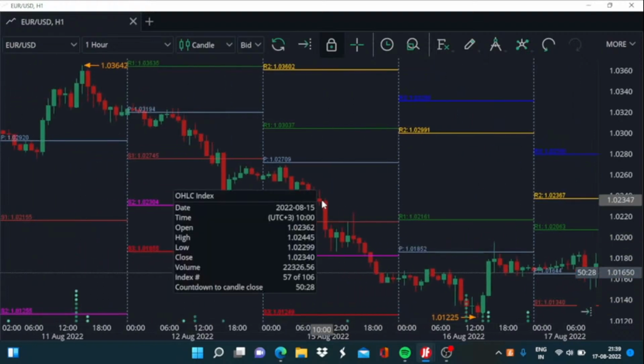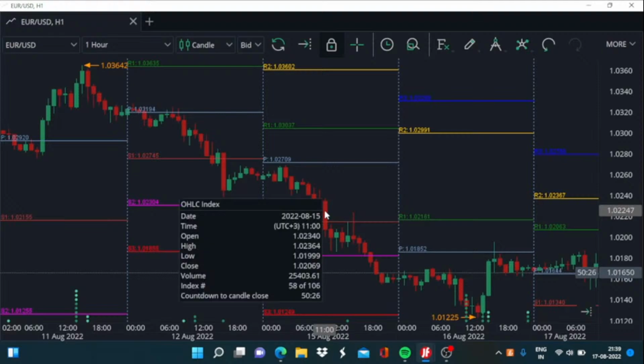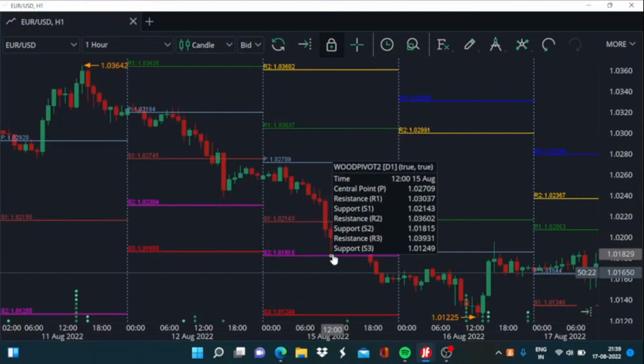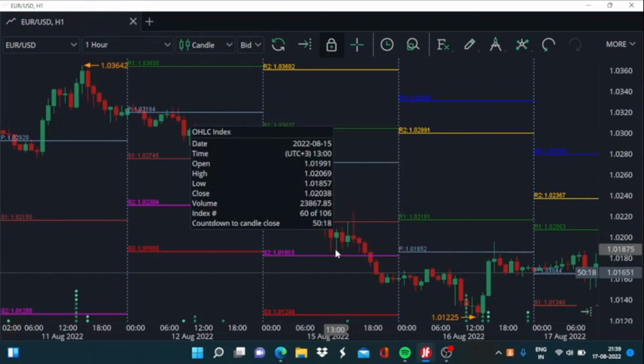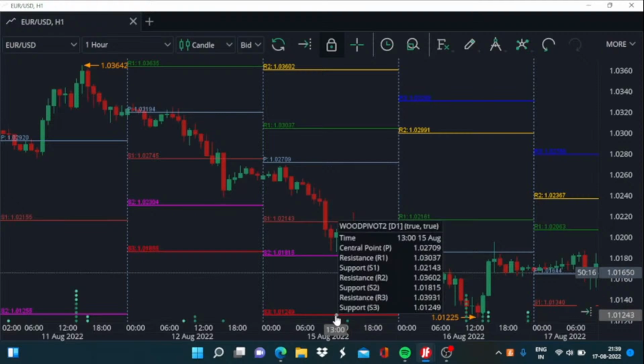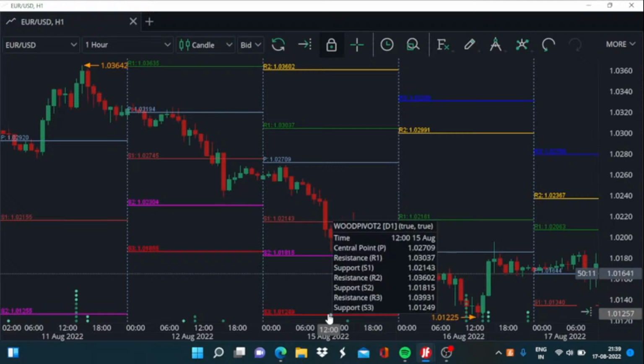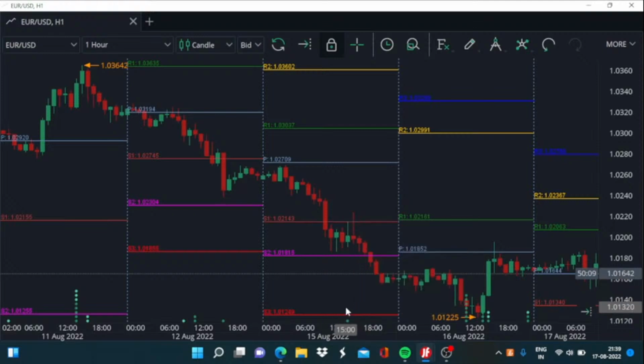If you are going for the trade closer to the first support, then it is better to keep the stop loss below or close to the second support. And if you are going for the trade closer to the second support, then the third support becomes the stop loss level. And if you are seeing the price formation consolidating in between the second and third support, in that case the stop loss will have to be kept below this third support level.